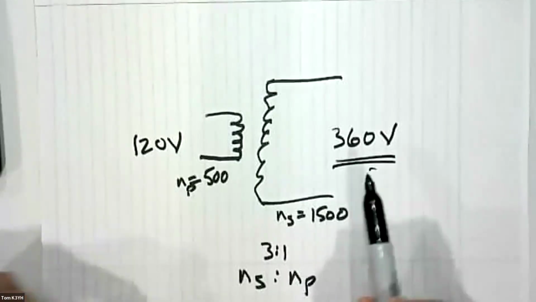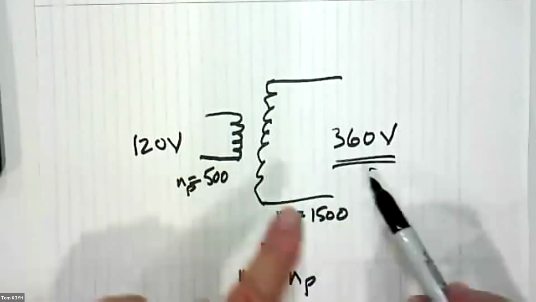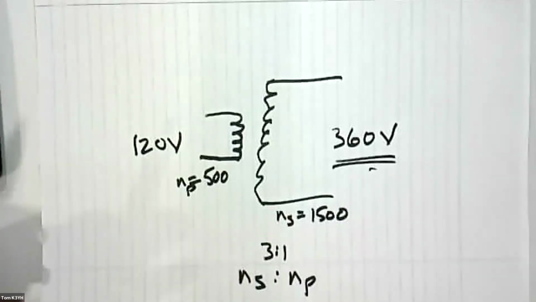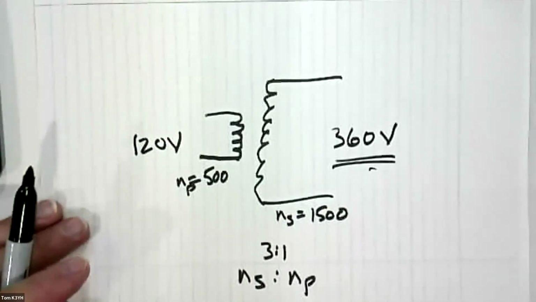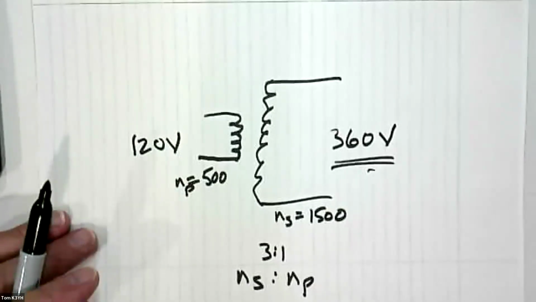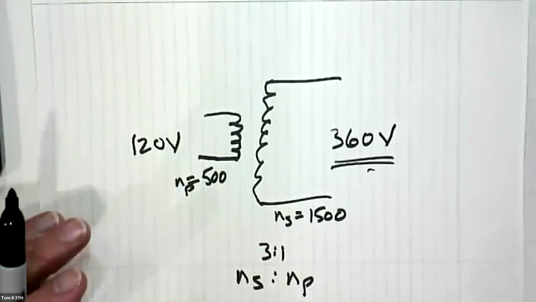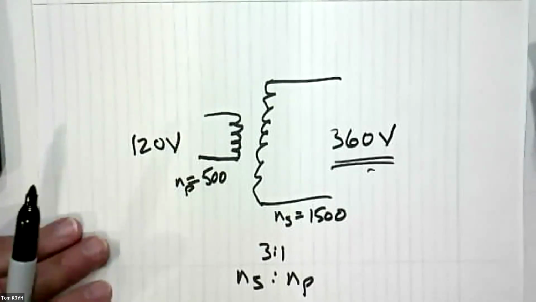It's 360 volts when the primary to the secondary. The secondary is 3 times the primary. And so I'll go back to that real quick. I just lost my cursor. This is page 415 if anybody's looking. Oh, yeah, good. Thank you. It's page 415.